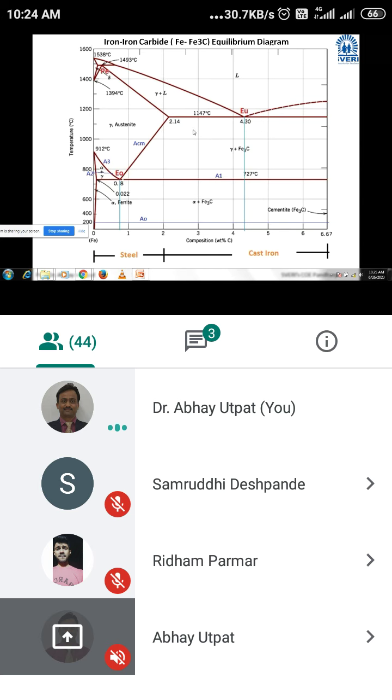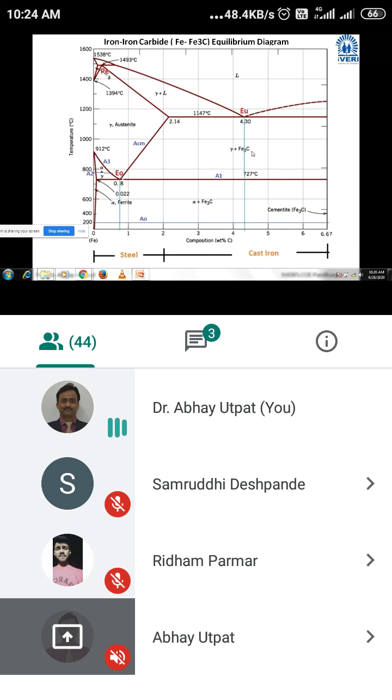Now I will come down. Here something is written gamma plus Fe3C. Fe3C means iron carbide. One more name for Fe3C is cementite.